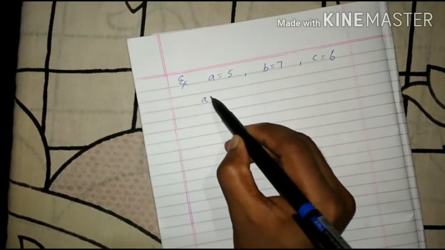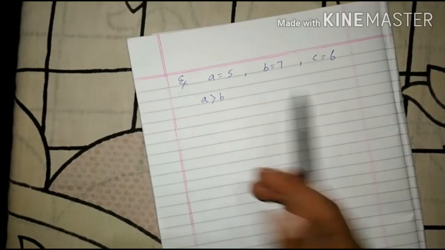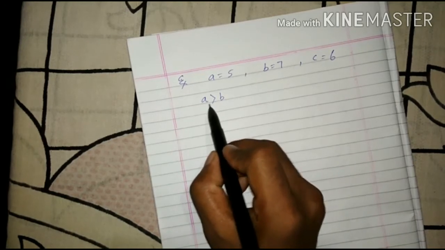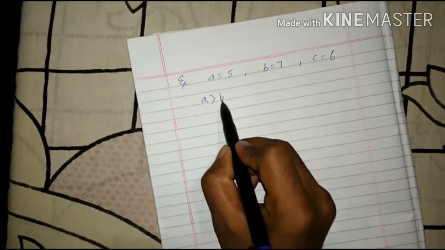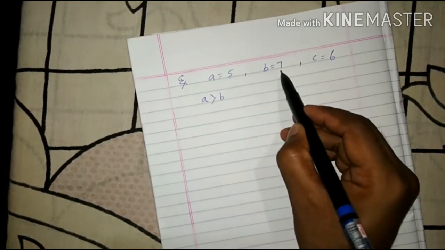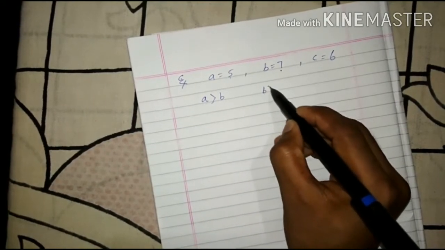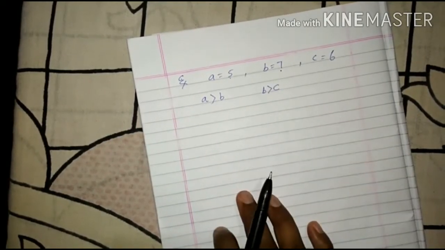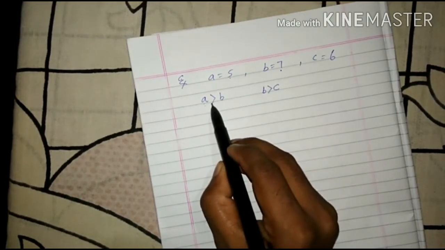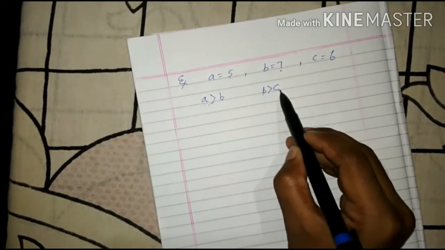The first condition I'm taking is A greater than B. As I have told, a logical operator is used between two or more relational operators, so I'm taking the relational operator A greater than B. The value of A is 5, the value of B is 7. And the second is B greater than C. A greater than B is a relational operator, which means this is a condition. B greater than C is the second condition.